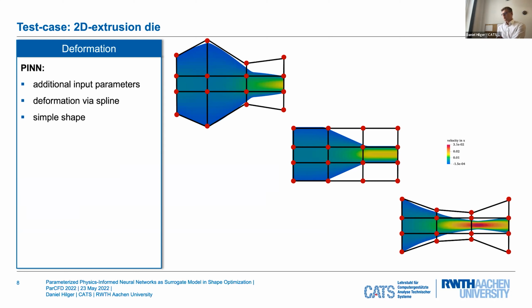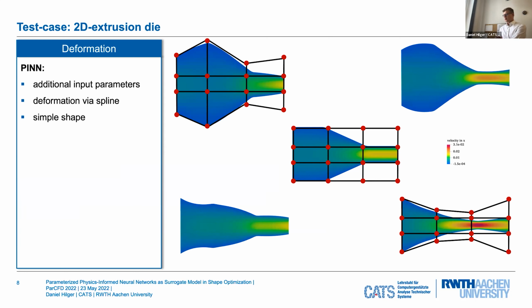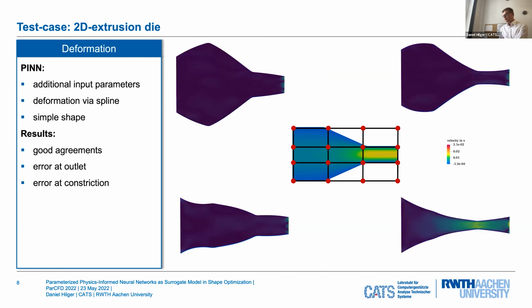We integrated that in our PINN and ended up with predictions of the flow in these deformed extrusion die shapes. We were quite happy because the results were quite satisfactory, and again the error was relatively low. For a reduced order model, we again had the highest error in areas where we have the highest velocities.